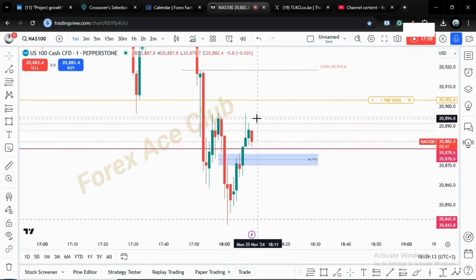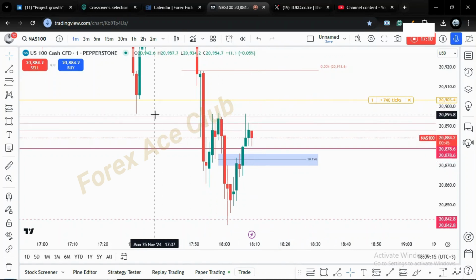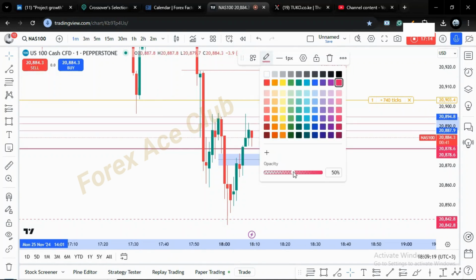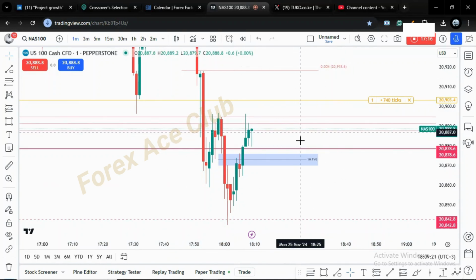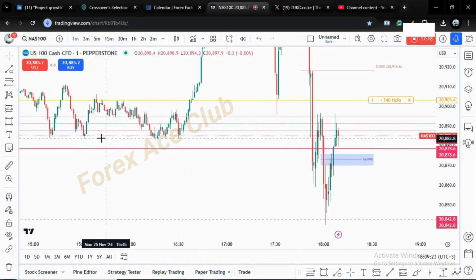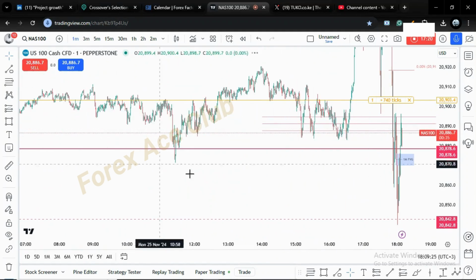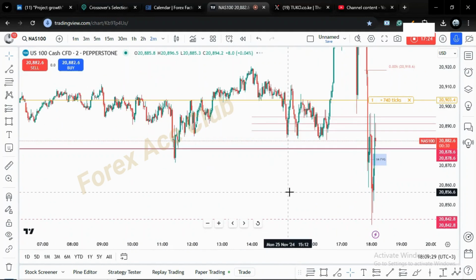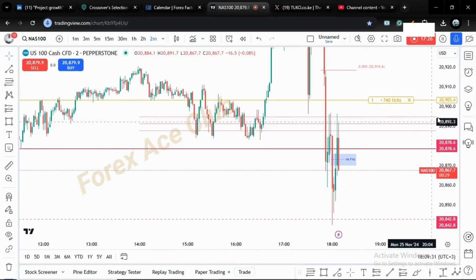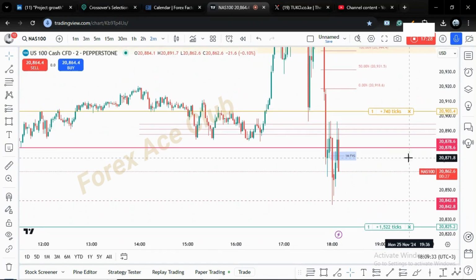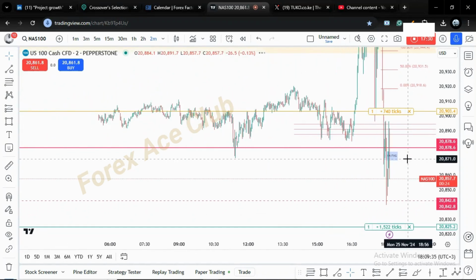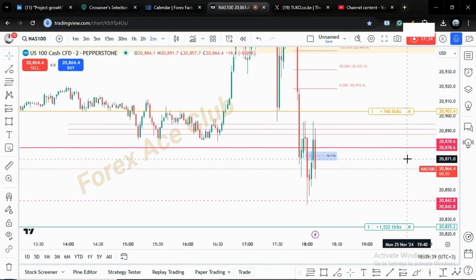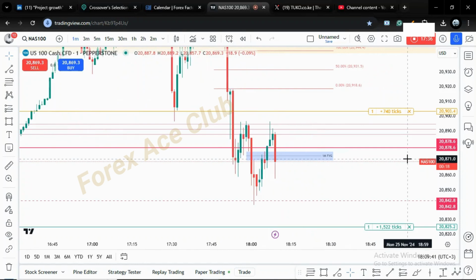Midpoint of the 2 minute fair value gap. These three lines represent the 2 minute fair value gap. These lines, it's an old fair value gap. It's an old one. Oh, it's not a 2 minute fair value gap.